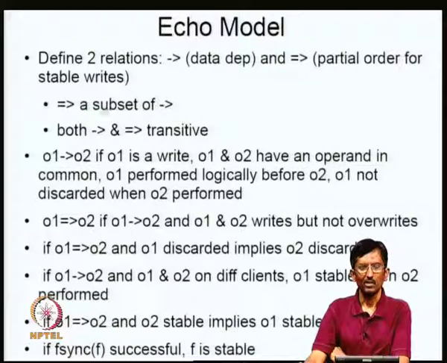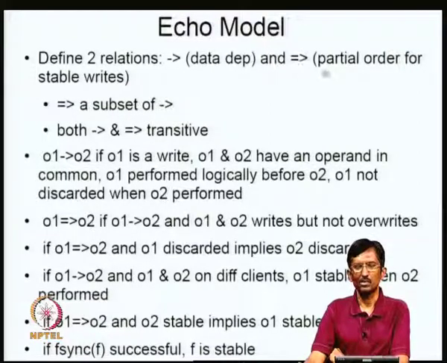Okay. So it turns out this partial order for stable writes is a subset of data dependencies. It has to be, because if it is not dependent, then you can do it in any order. So if it has to be ordered in a particular way, it's because there's a reason why certain things have to go in a particular order.